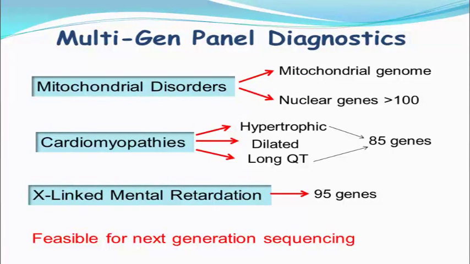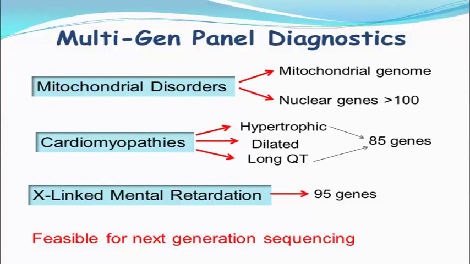Here are some examples of multi-gene panels. For example, mitochondrial disorders: we can sequence the mitochondrial genome and up to 100 disease-causing nuclear genes at the same time. Cardiomyopathy has 85 known genes responsible for the condition.